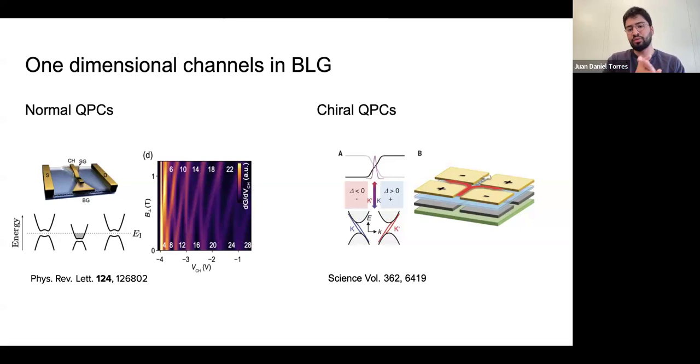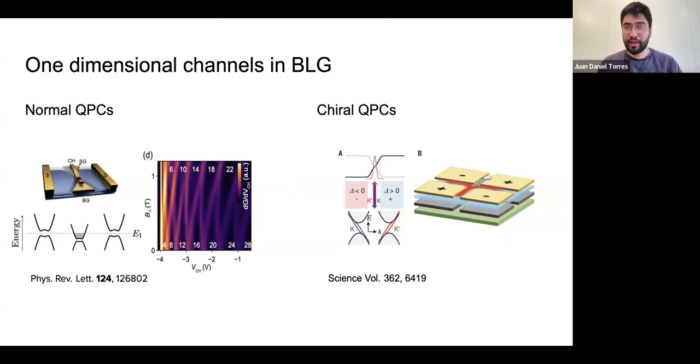These are the so-called chiral states, states that close the gap and live in an individual valley. We will look at these states in detail later, but for now, what you need to know is that while in normal QPCs you have a single backgate, a single piece of material, in chiral QPCs you need two pieces, because you will have different electric fields in them.